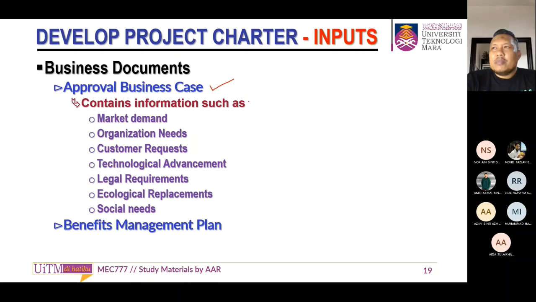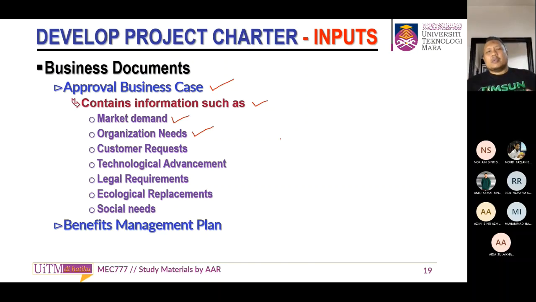So the approved business case contains information such as a study on the market demand. In terms of business documents, when we develop the project charter, we must have the market demand. And then what are our organization's needs?